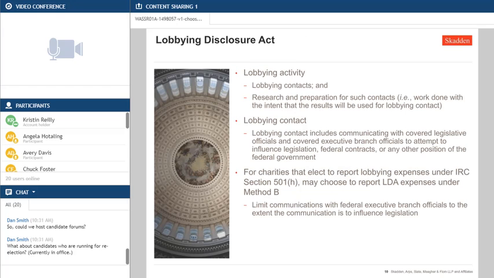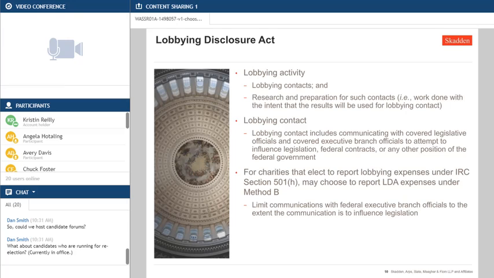Lobbying activity under the federal law is either having lobbying contacts or research and preparation for those contacts. So that's your own research, or strategizing with others, like the Choose Clean Water Coalition, for their lobbying contacts in preparation for your own lobbying contacts. But it's like a purpose-driven, intent-based test.